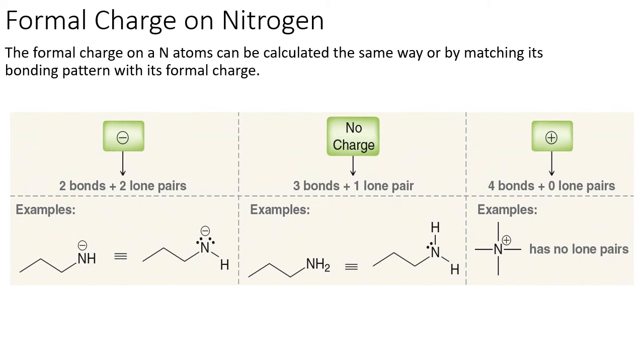Just like oxygen has certain bonding patterns, so does nitrogen. Oxygen and nitrogen are 2 other atoms, in addition to carbon, to be really familiar with. When you see them, you know exactly how many electrons are not being shown, and you can quickly look at something and identify if it has a formal charge on it. One of the bonding patterns for nitrogen is when it has 2 bonds to it. What's not being shown is that it has 2 lone pairs on it, and that nitrogen will have a -1 formal charge.